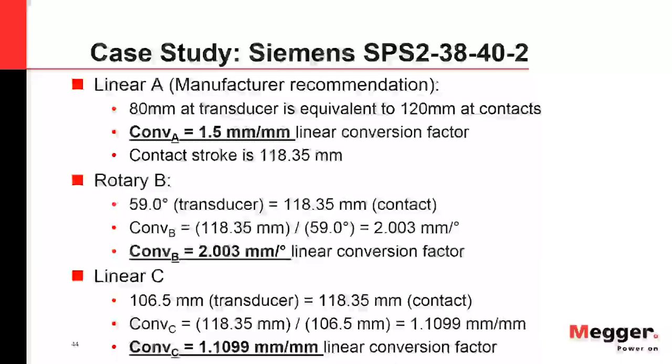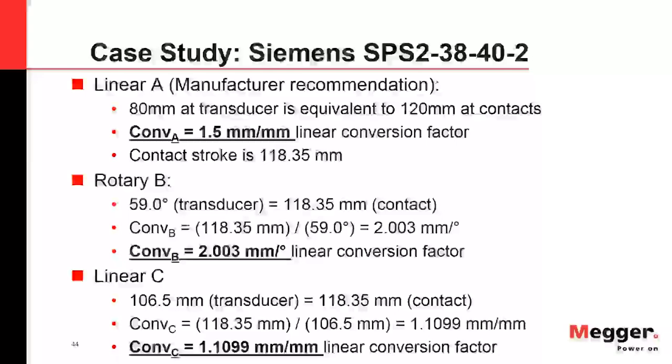So if we do a slow close operation or slow open, you'll see that's the total travel distance of that interrupter. Now, looking at the rotary, we measured it to be 59 degrees, and at 118 millimeters, if we use a rotary transducer, we really have a conversion of 1 degree equivalent to 2 millimeters, so 2 millimeters per degree here. And then if you look at linear C, once again using that 118 as a base, and we measured 106, you'll see you get roughly 1.1099.